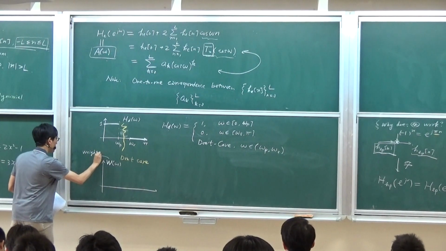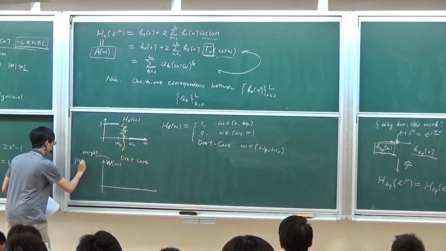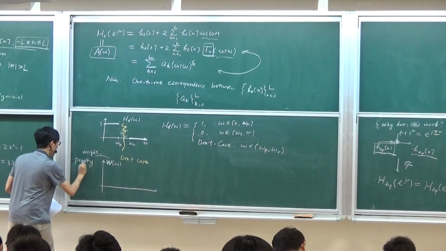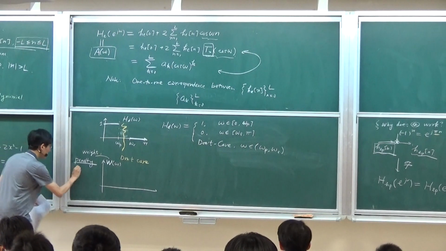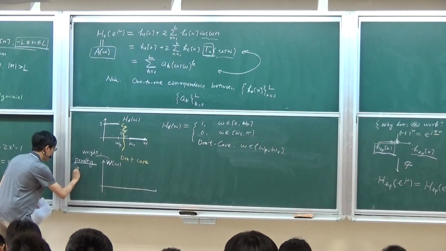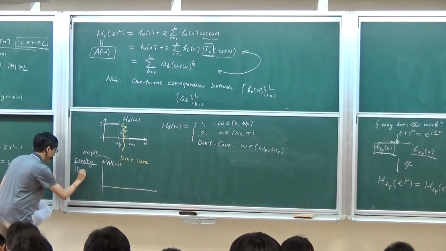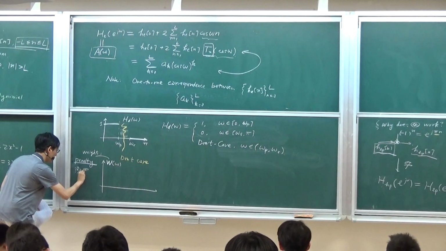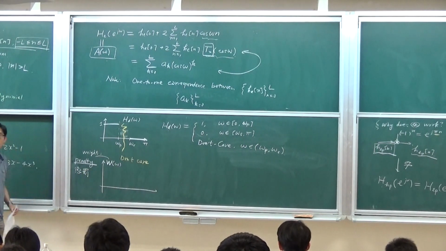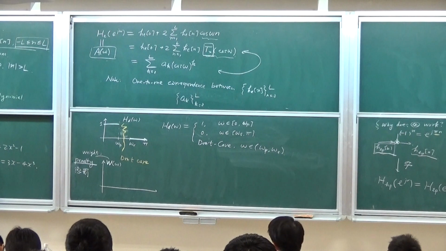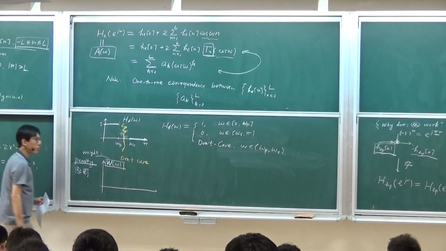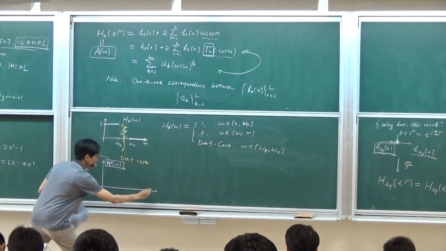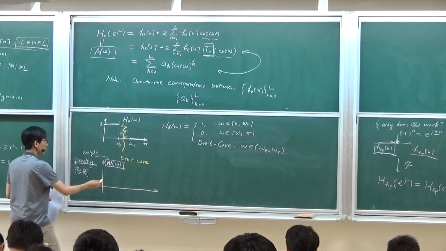This penalty function, I call it penalty. We're going to penalize any deviation from ideal. How severely you penalize any deviation is described in this W function. It's a function of omega.